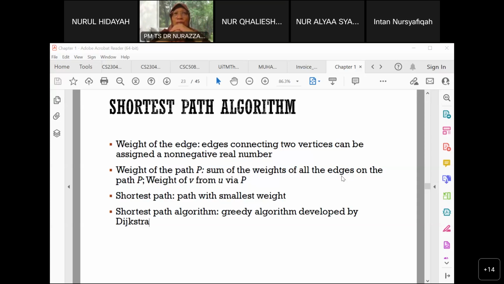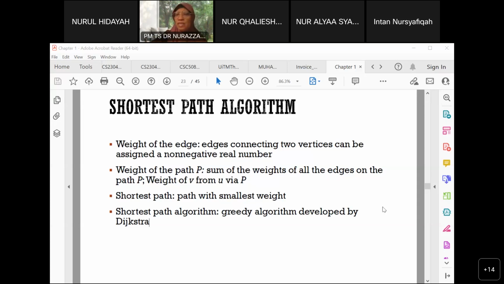Actually in real life, the application of graph can be applied in many problems, so that we can represent, for example, how to solve this problem using computer. For example, to find the shortest path from one vertex to another vertex.